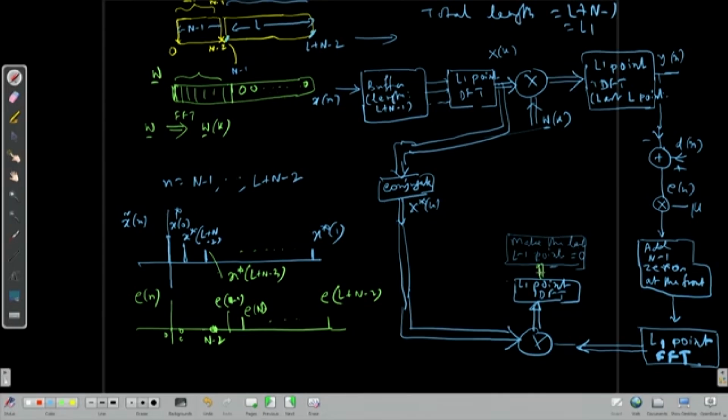If it is the weight update term, the first n points give me the weight update 0 to n minus 1. So, they get added with this. So, it gets updated, but the last L minus 1 points, I am forcing them to be 0. So, 0 plus 0 is 0. So, zeros are maintained. That is what is obtained.